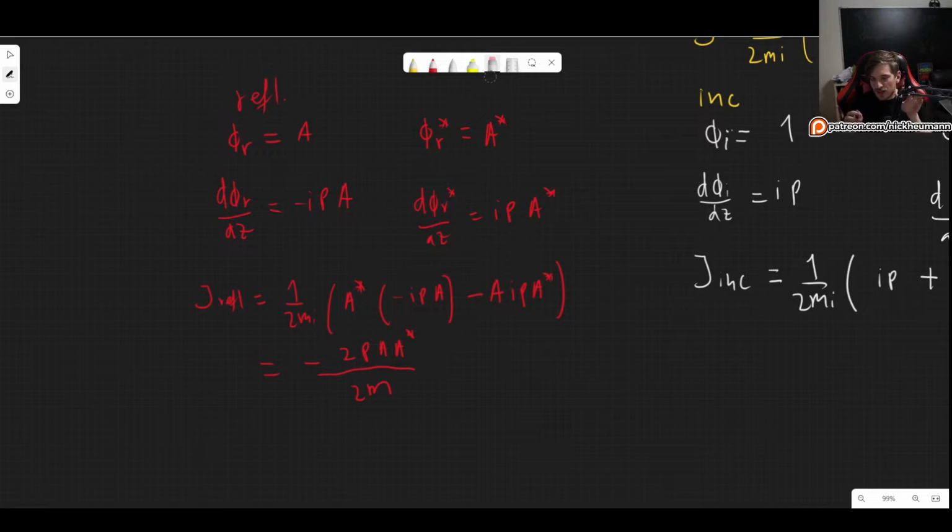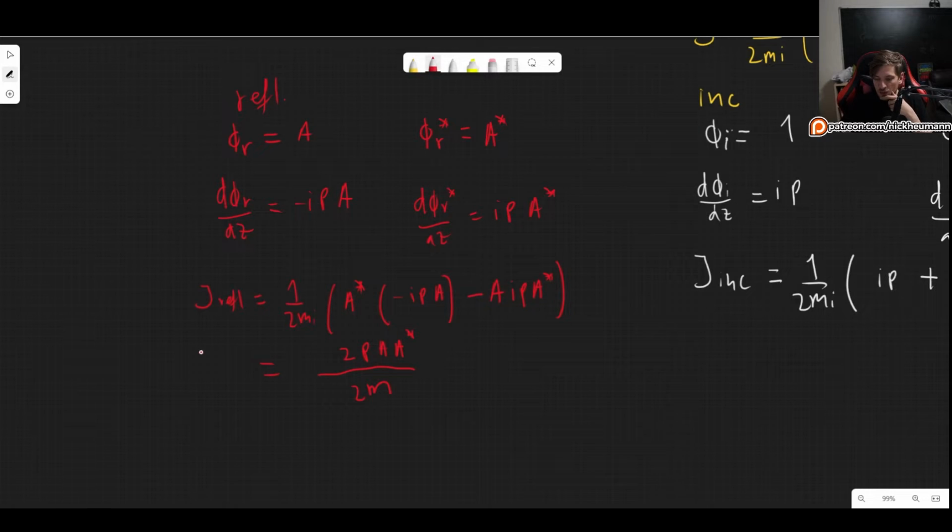So just the coefficient itself will be without that negative sign. That's a correction because what I called J reflected is going in the minus z hat direction. So that's why we took the minus out of it, so that we end up with just the coefficient itself. So that is what we did there.